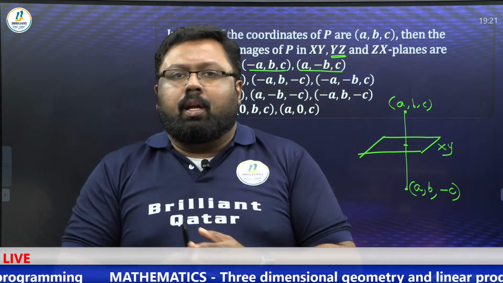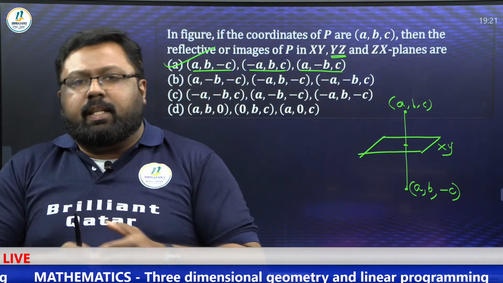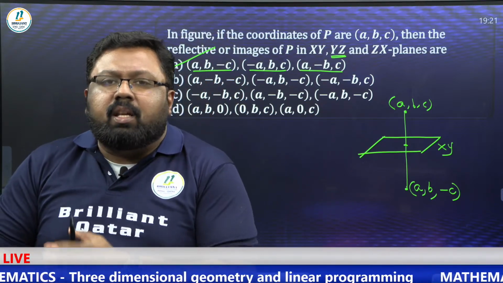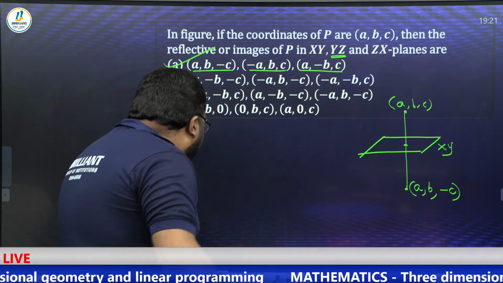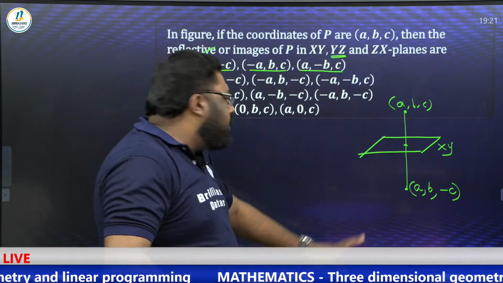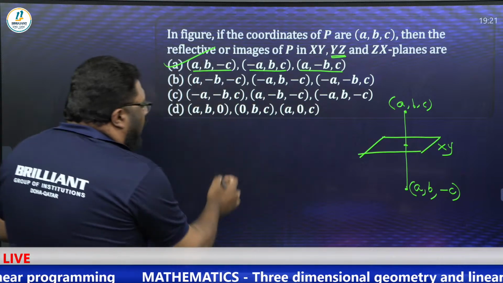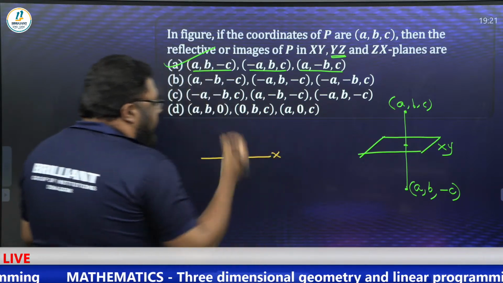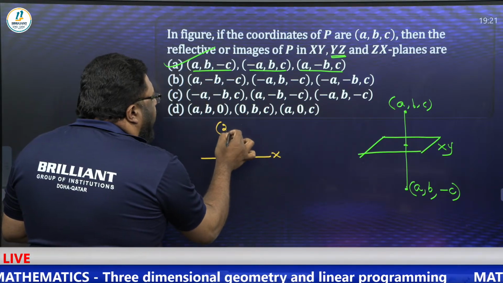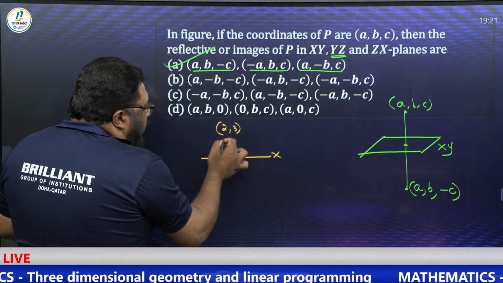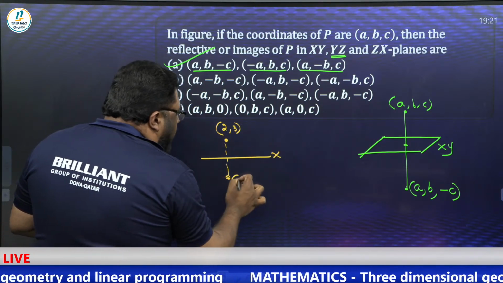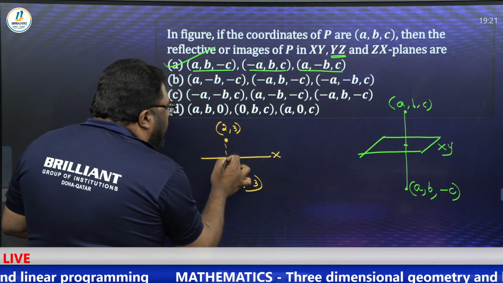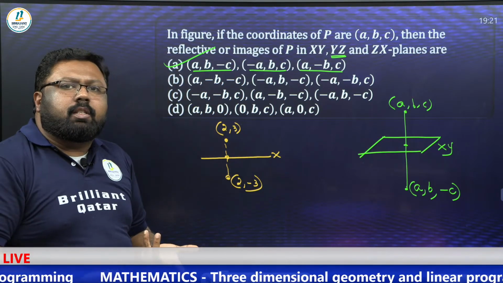Reflection means what changes. Get the idea? Let me explain this with 2D for some students who might not get the idea in 3D. Let's talk about the x-axis. The point above the x-axis is 2, 3. The reflection of this point in the x-axis is 2, -3, because the x coordinate will not change.